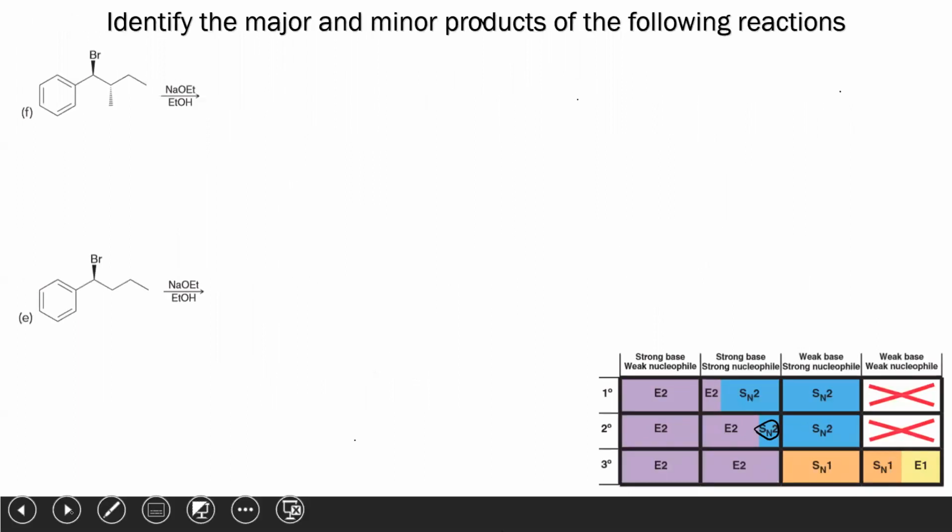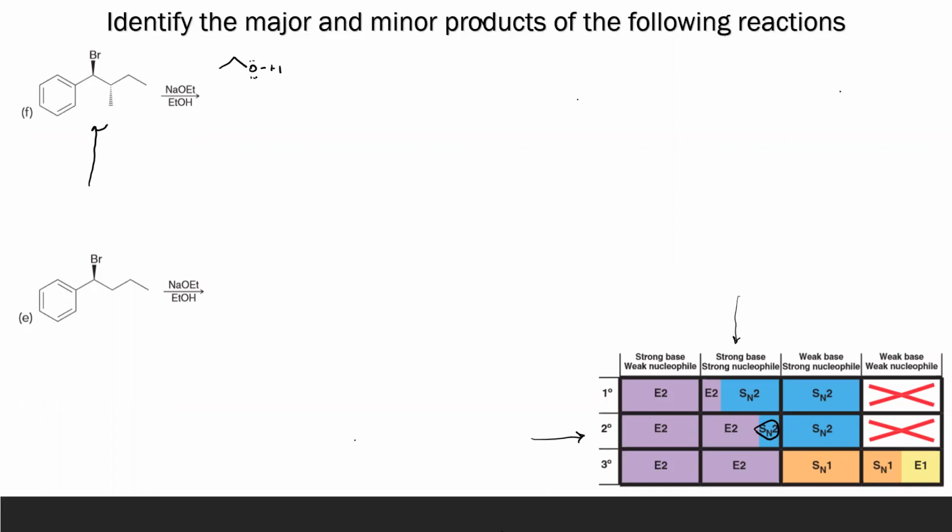Okay, this is kind of a tricky one. Identify the major and minor products of the following reactions. So in this case, we've got a secondary substrate, and we've got a strong base, strong nucleophile, but also notice that the reaction is occurring in ethanol solvent.